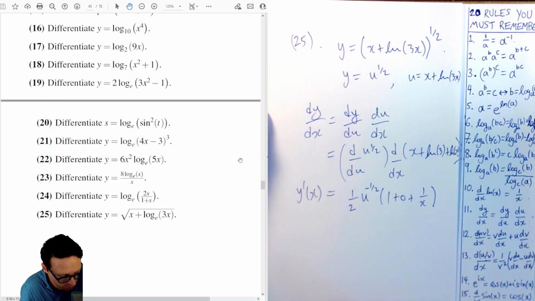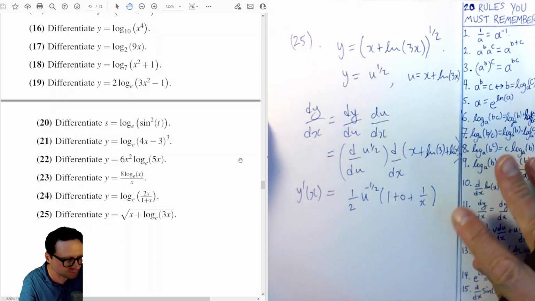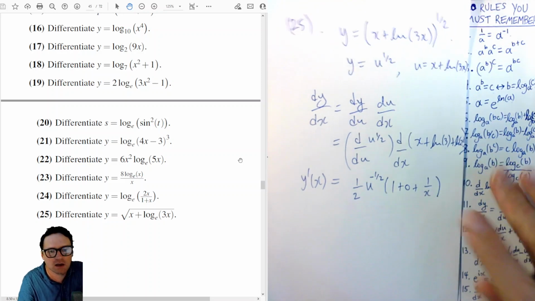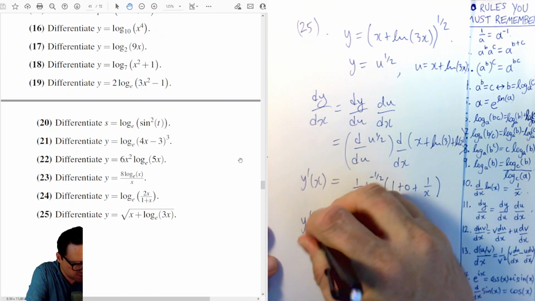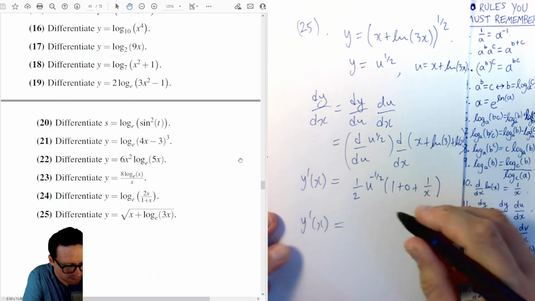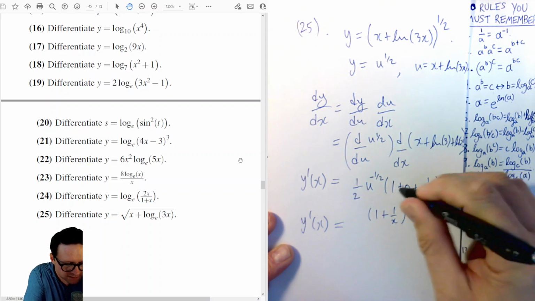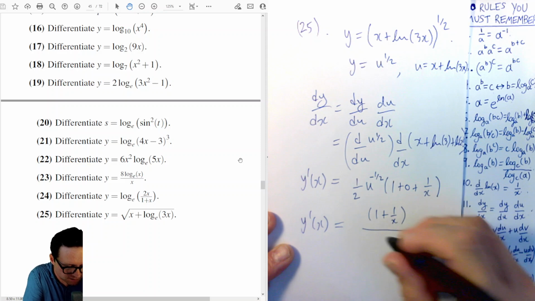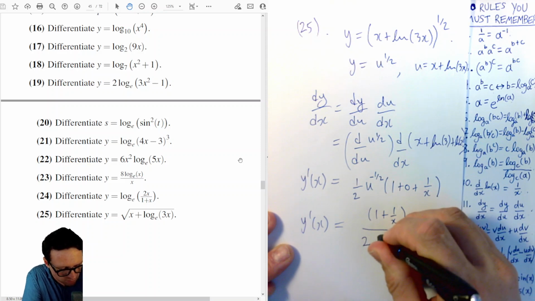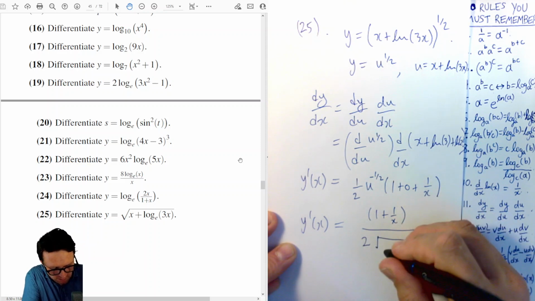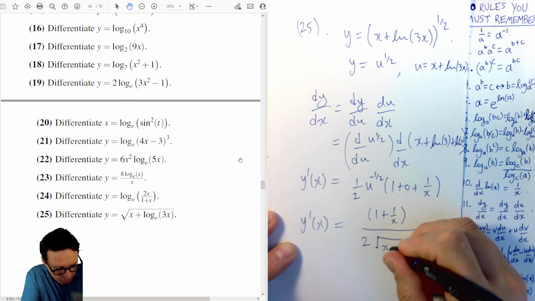All right, so now what remains is to simplify this. So this is u. And so we can now write y dash of x is equal to 1 plus 1 on x. Here's our numerator. Our denominator is 2 times the square root of u.